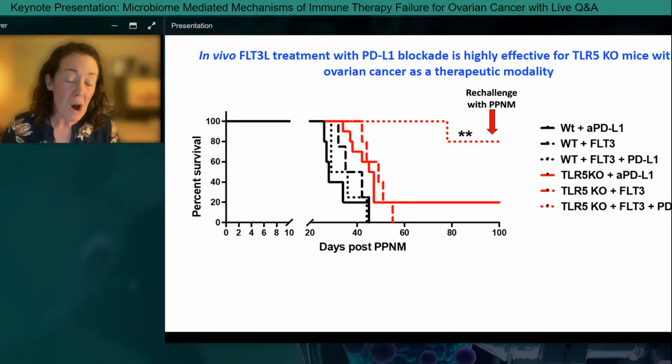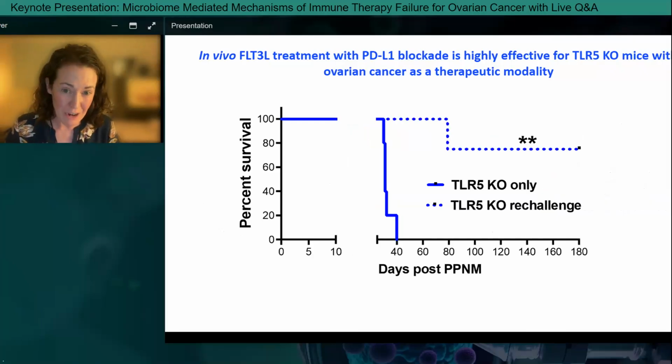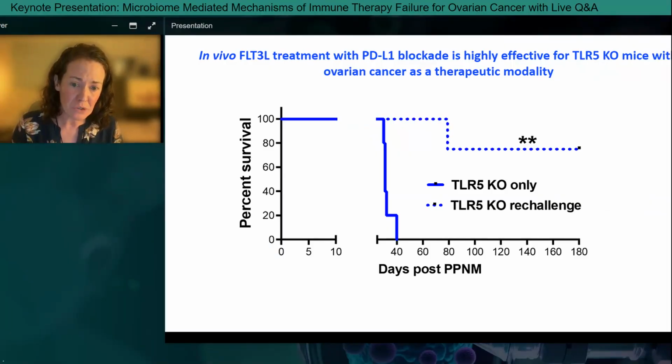And so we wanted to know, is this survival benefit robust if we rechallenge them with the same tumor cell line in the absence of any ongoing therapies? What is their survival outcome? And what we found was really quite striking: in our rechallenged animals, there's a memory that is able to, again, counteract these highly aggressive ovarian tumor cells, leading to extended and significant survival benefit.